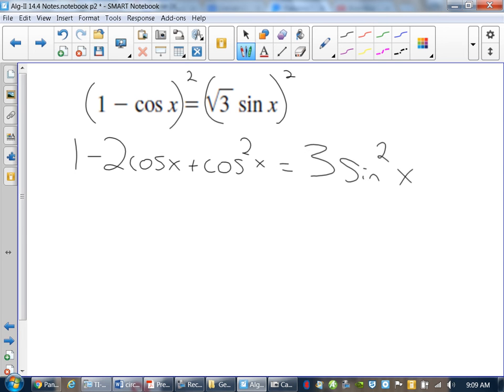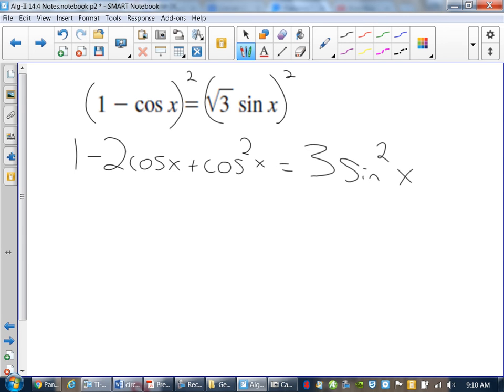Now I'm going to use substitution because cosine squared plus sine squared is always going to equal 1. I have a bad habit when we do identity stuff that I tend to leave off the x. The x is always there. The reason that identities work is because that value of x is going to be the same for both angles. So if you don't see it right next to them, it's really there.